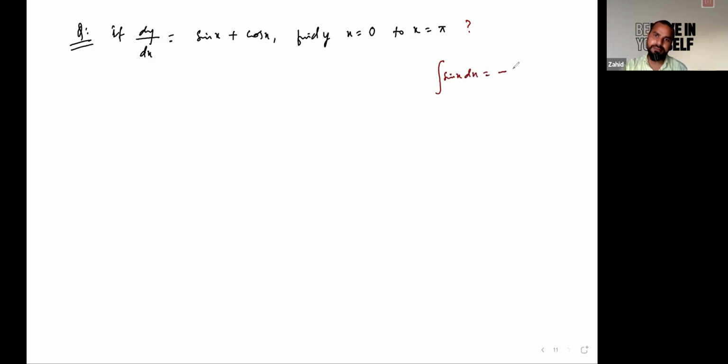Integration of sin x is minus cos x, and integration of cos x is just sin x.